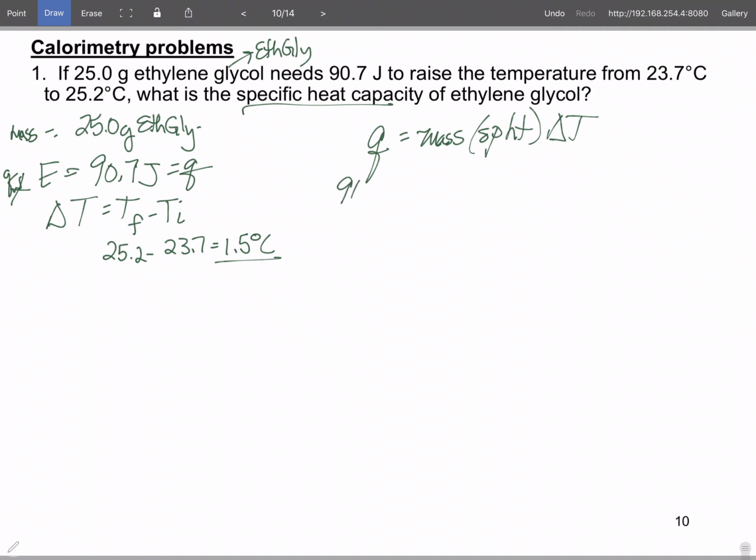We plug in what we know. Okay, so this is 90.7 joules. Our mass is 25.0 grams. Our specific heat is what we don't know.